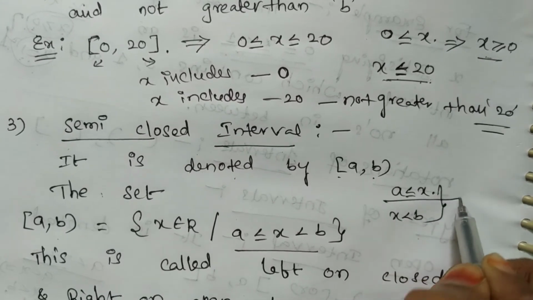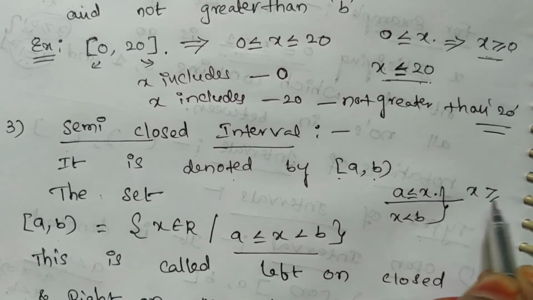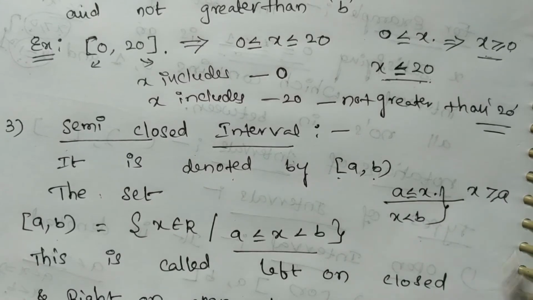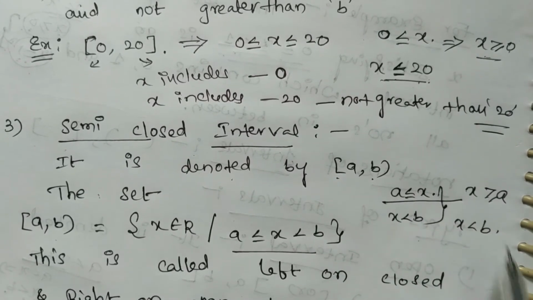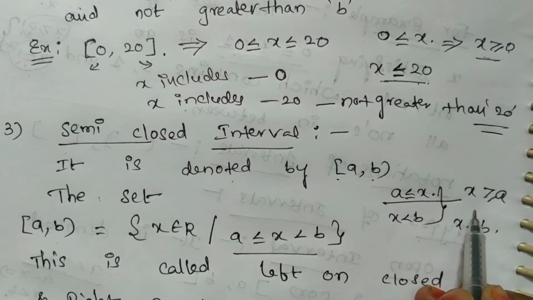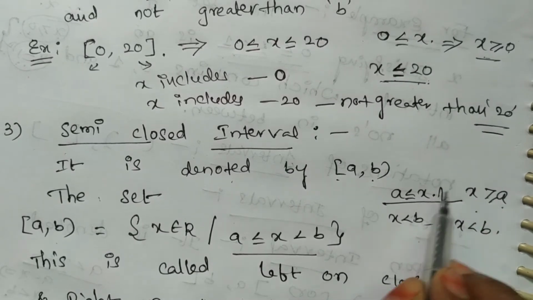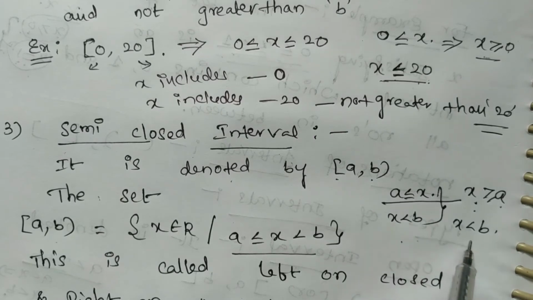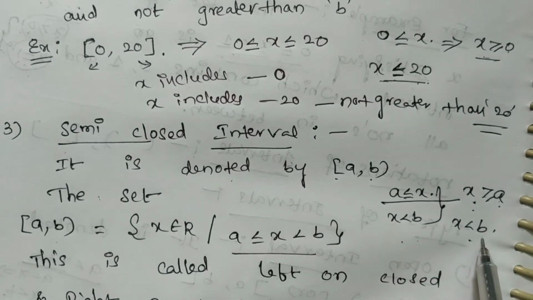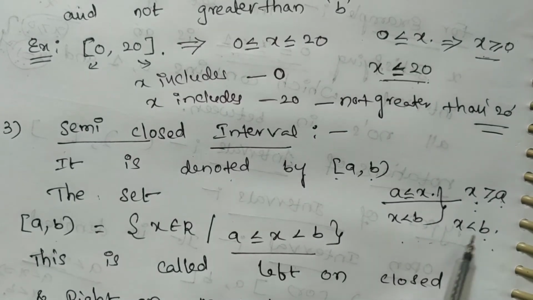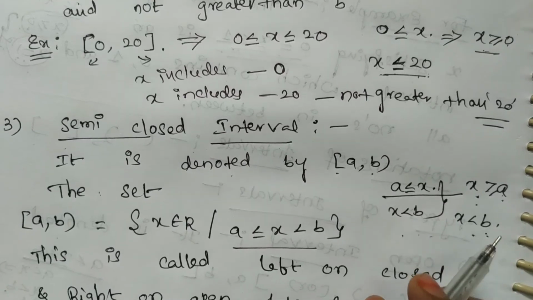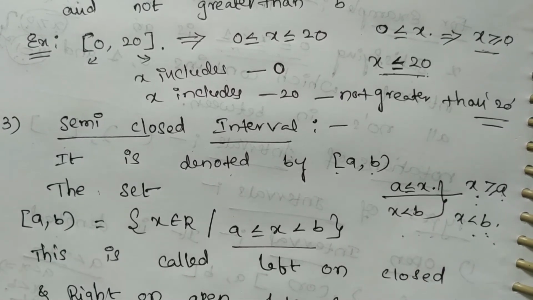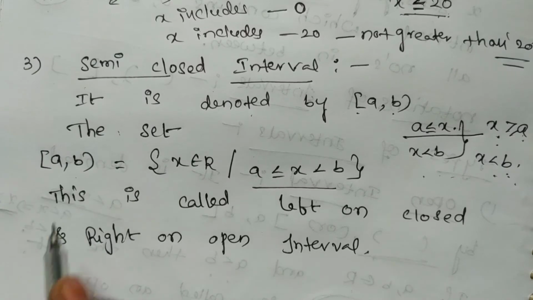So a less than or equal to x means x is greater than or equal to a, and also x less than b. So the x value is equal to a or greater than a, and the x value is between a and b, not greater than b and not equal to b. So this is called a left closed and right open interval.